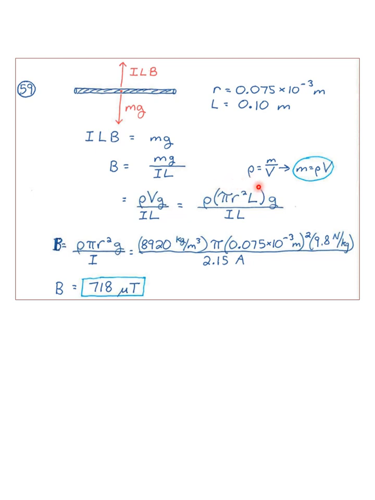That would be the volume of the wire. And you can see that length divides out, and we're left with that the magnetic field is the density of copper times pi r squared times g divided by the current. And then you can plug in all the values and you get a magnetic field of 718 microteslas that will suspend the wire.